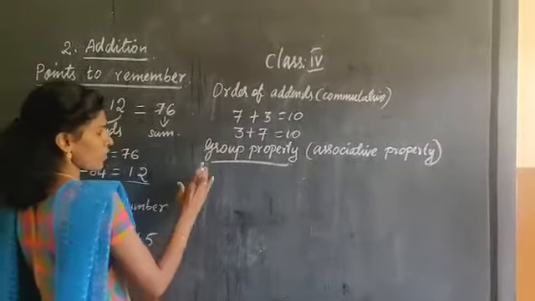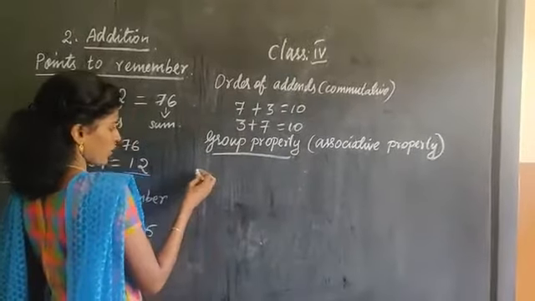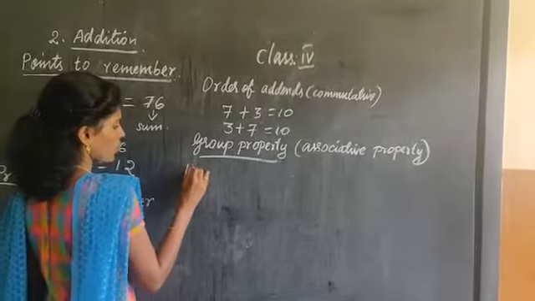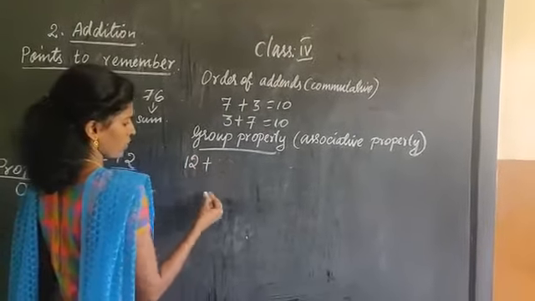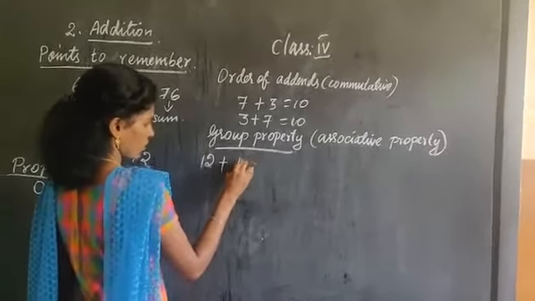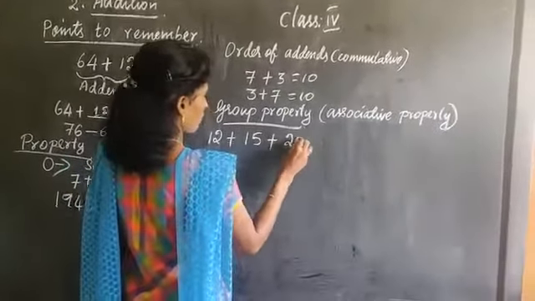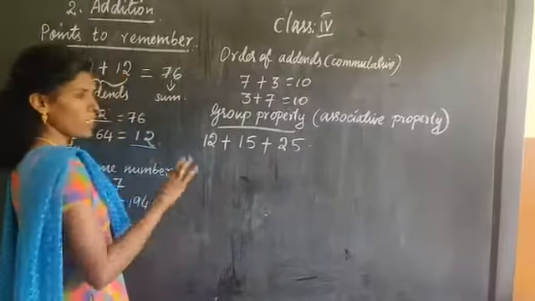Group means you need more than two numbers. Suppose I am taking three numbers: 12 plus 15 plus 25. We are grouping these three numbers in different ways.